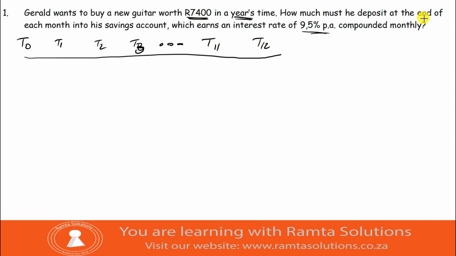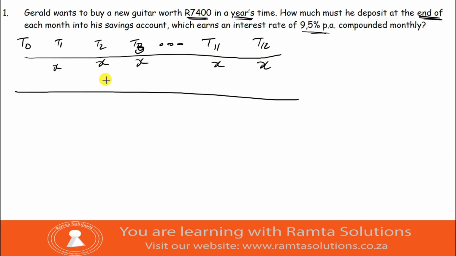The statement says at the end of each month, so this is the end of the first month, second month, third month, and so on. The interest was 9.5% compounded monthly.